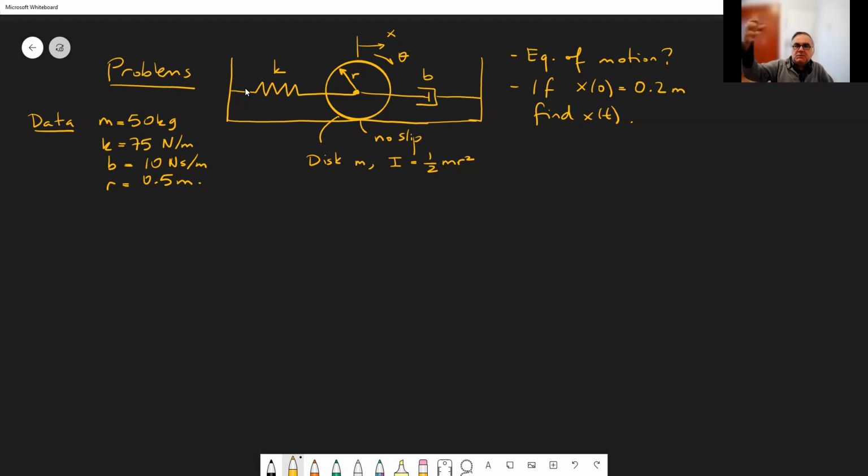That is, if we pull this thing 0.2 meters and leave it, what is the motion?